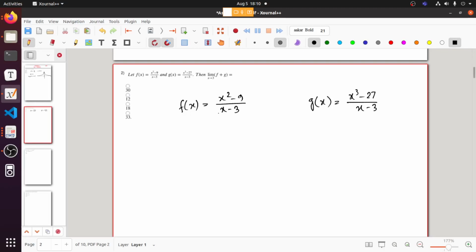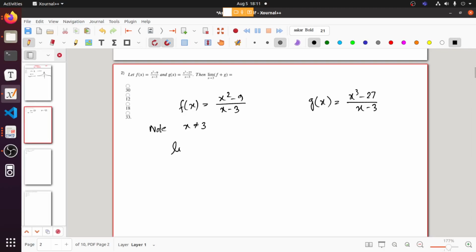Note that these functions are not defined at 3. If x equals 3, then functions f and g are undefined, right? So x is not equal to 3.